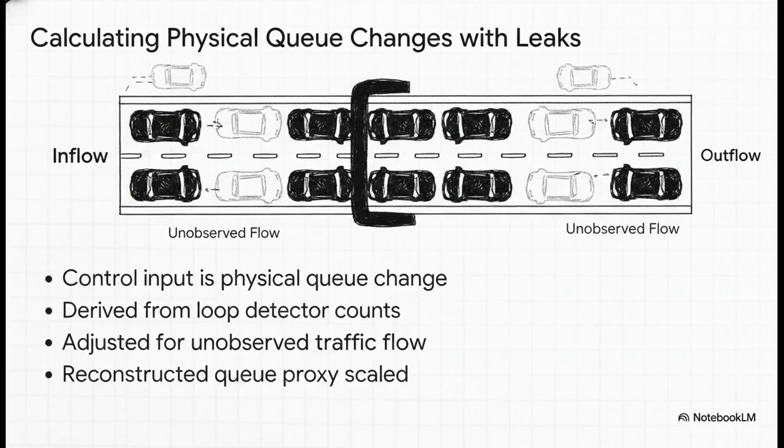By taking the cumulative inflow and outflow counts from the detectors, we actually mathematically adjust for that unobserved flow we talked about, represented as lambda c. By estimating lambda c using pre- and post-peak boundary conditions, we derive a reconstructed queue length proxy, LPUT. This step is absolutely crucial because it anchors the entire model deeply in macroscopic traffic flow theory.